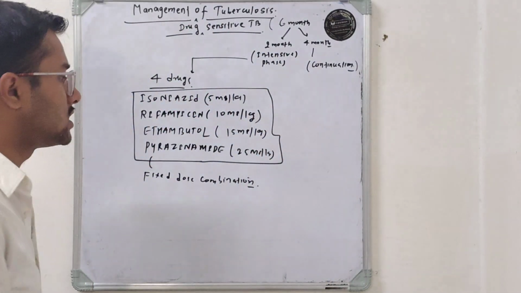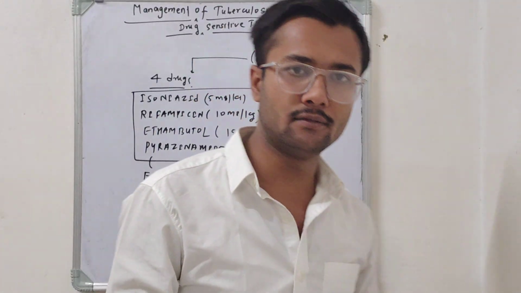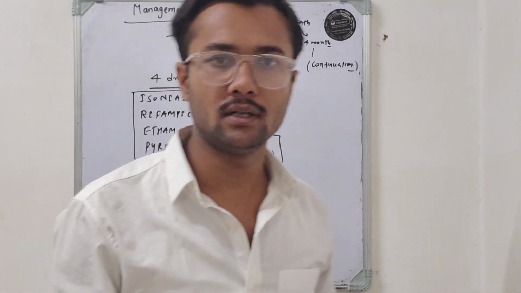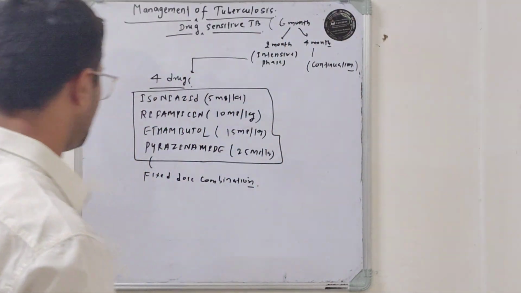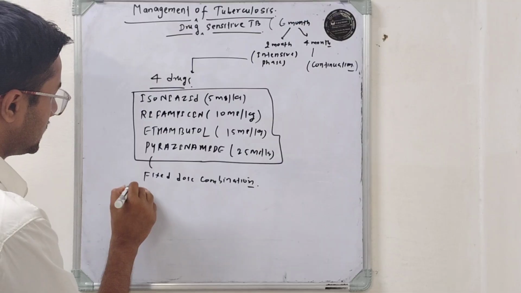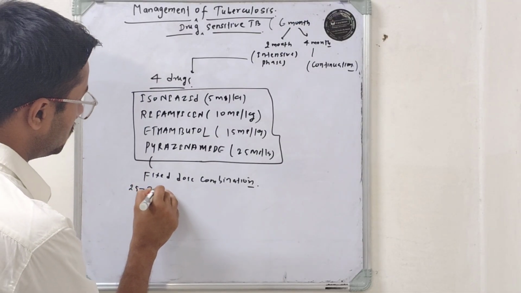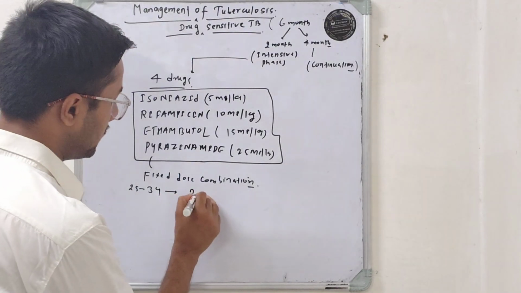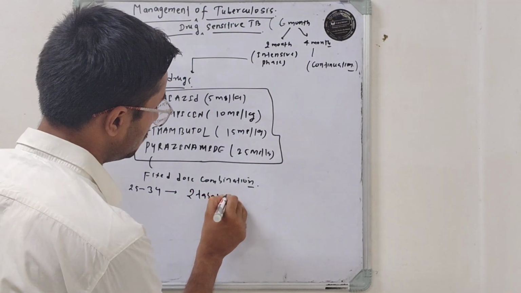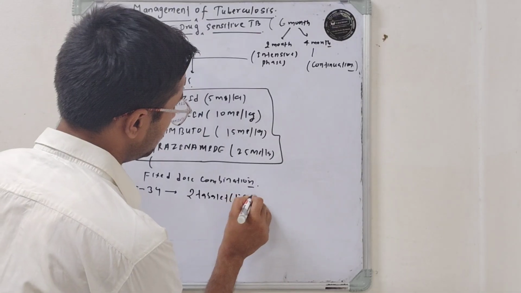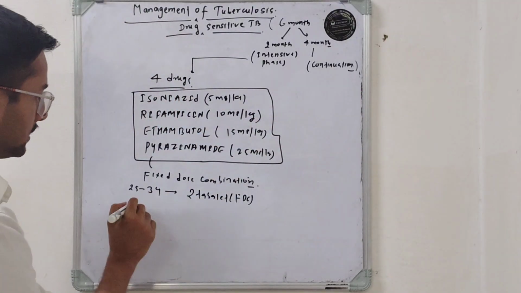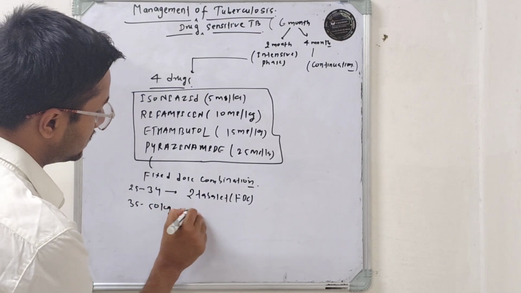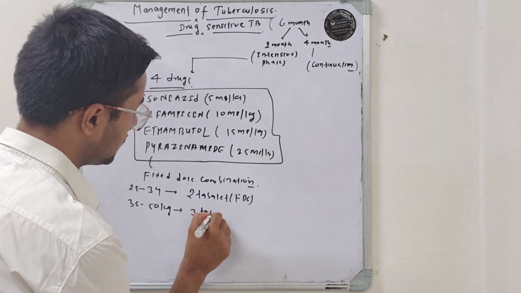So how many tablets of fixed dose combination do we give a TB patient? It depends on the weight of the TB patient. For example, if a patient's weight lies between 25 to 34 kg, we give two tablets. If the weight lies between 35 to 49 kg, we give three tablets.